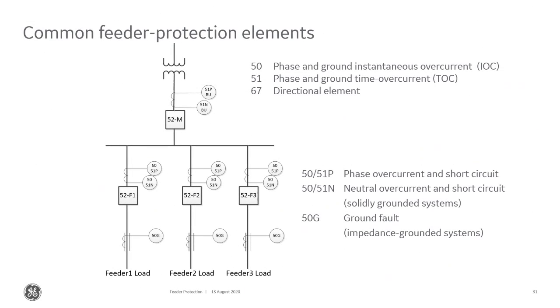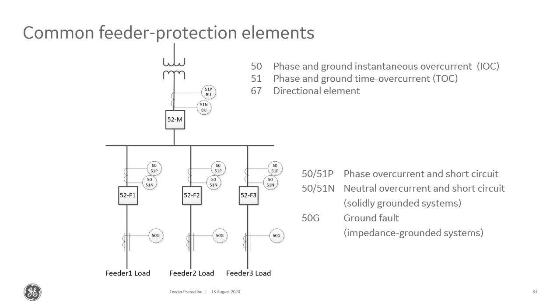So the common protection elements, as I mentioned, the 50-51, then the 67, which is the directional element. The directional element also needs a polarizing signal. The polarizing signal tells it what the direction is of that fault or that load that's going through that CT. So that usually comes from either a VT, a neutral CT of the transformer, or negative sequence.